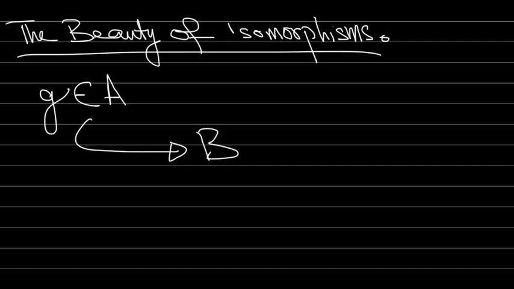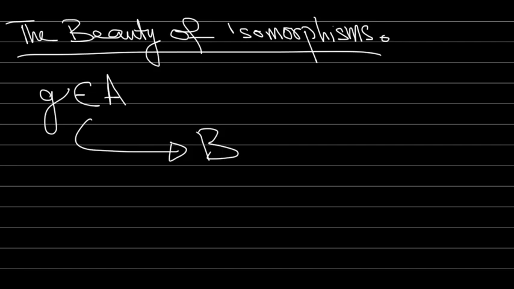So you could go back and say you have an element in group B, and then there is a corresponding element to that in group A. And moreover, both of these sets satisfy the same algebraic structure. If this is the case, then we say that the groups are isomorphic. The groups are called isomorphic groups.